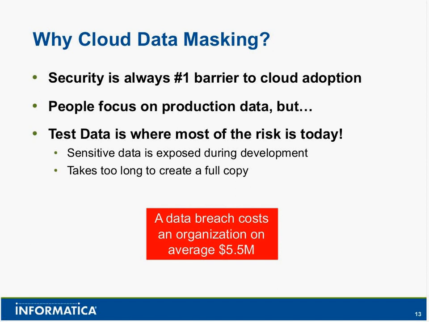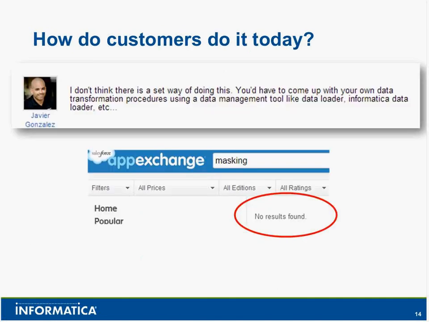Forrester has noted that 70% of breaches are caused by insiders. So development and training are all places that are completely ripe for some kind of data breach to happen. Each data breach costs $5.5 million per organization, and the cost per record is $194, as reported by the Ponemon Institute, which tracks this kind of data breach cost.